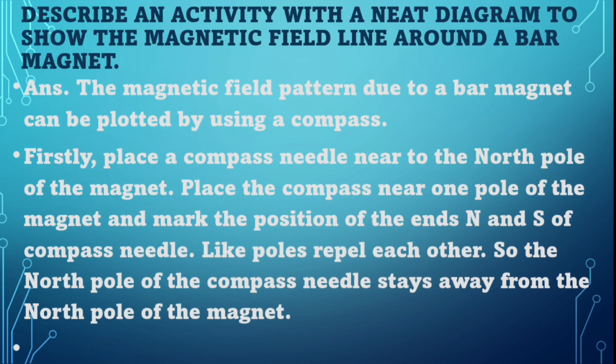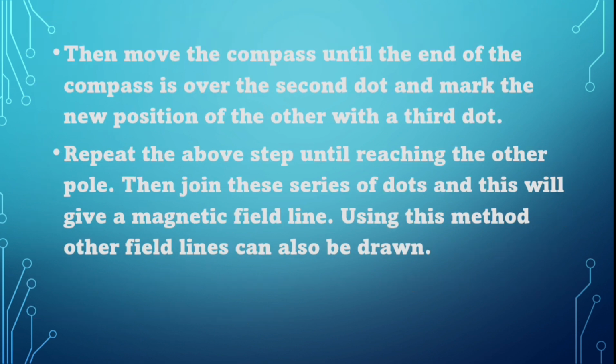Firstly, place a compass needle near the north pole of the magnet and mark the positions of the ends N, north, and S, south, of the compass needle. Like poles repel each other, so the north pole of the compass needle stays away from the north pole of the magnet. Then move the compass until the end of the compass is over the second dot.